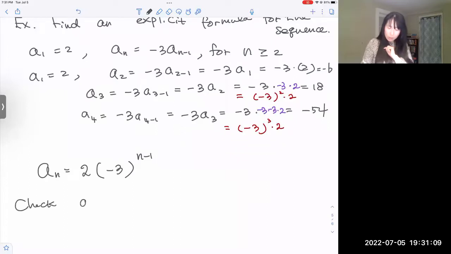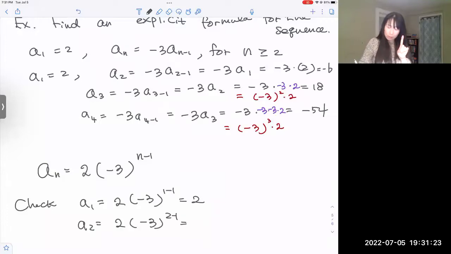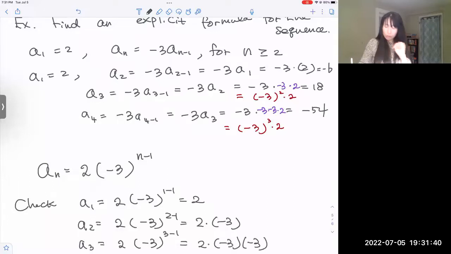So a sub 1 is 2 times negative 3 to the 1 minus 1, which is 0, so that's the 2. A sub 2 is 2 times negative 3 to the 2 minus 1, which is 1, so we have 2 times negative 3, right? Now a sub 3 is 2 times negative 3 to the 3 minus 1, which is squared. Okay?